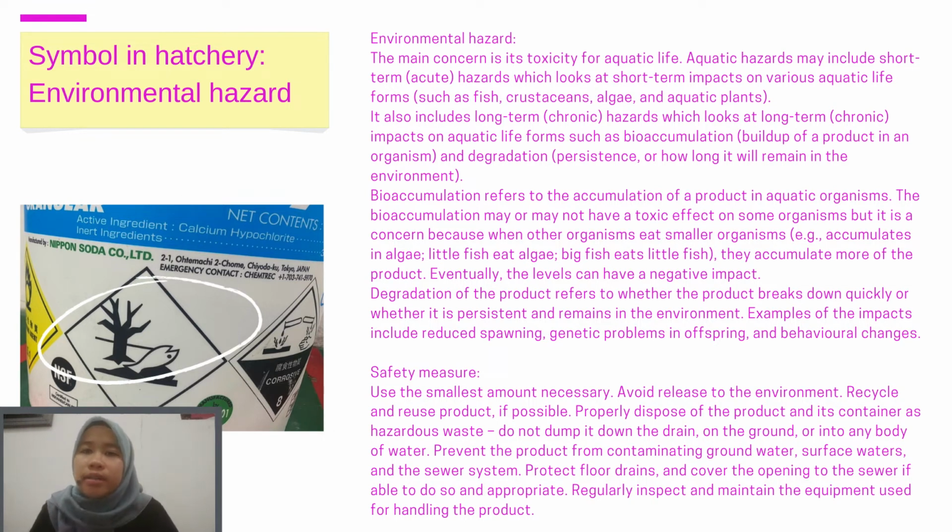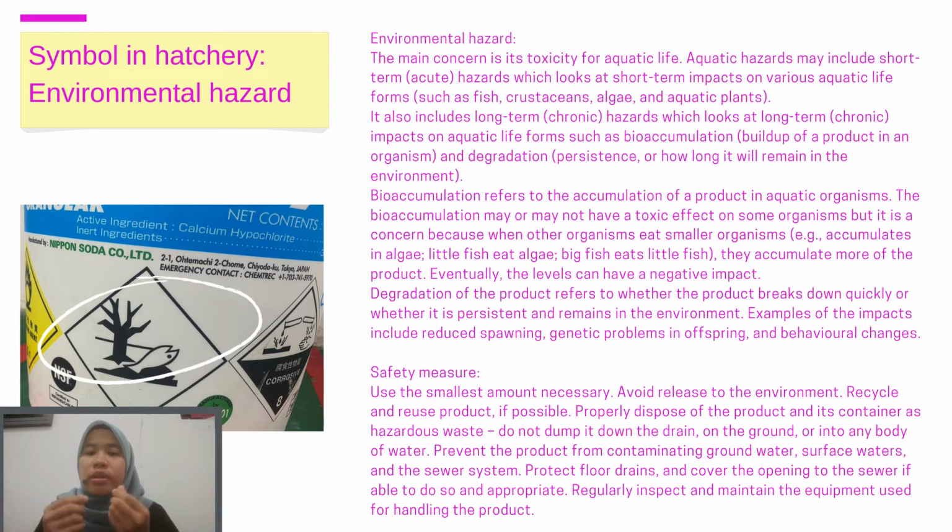So aquatic hazard may include short-term acute hazard, which looks at the short-term impact on various aquatic life forms such as fish, crustaceans, algae, and aquatic plants.